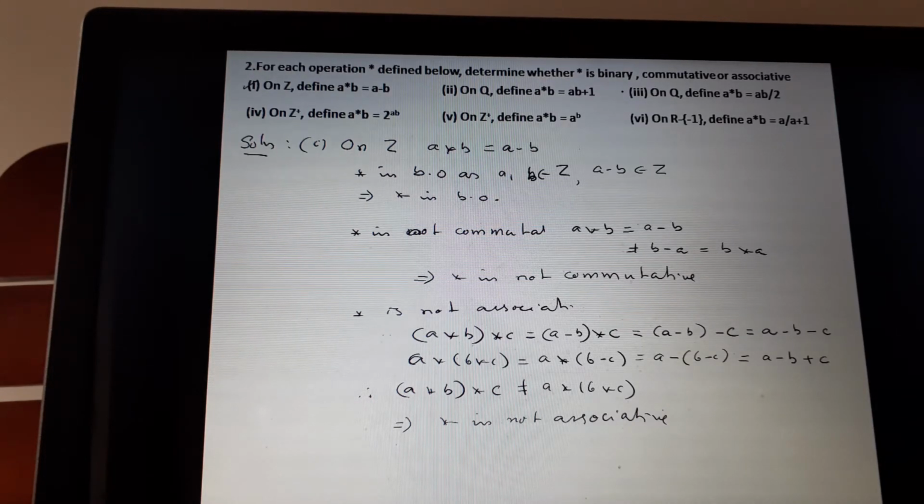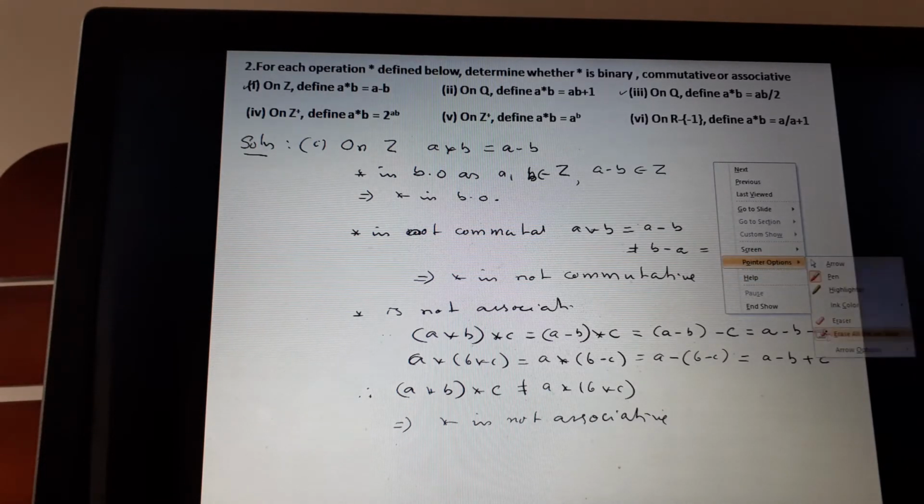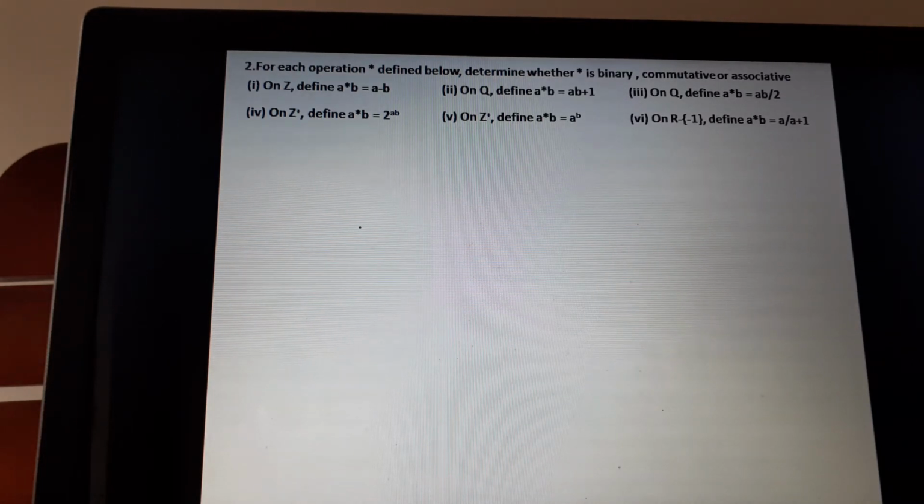Let me take the third question. Question number 3, on Q, once again on Q means the set of rationals, A star B equals AB upon 2, where A, B belong to Q. So first, the question is whether it is binary.